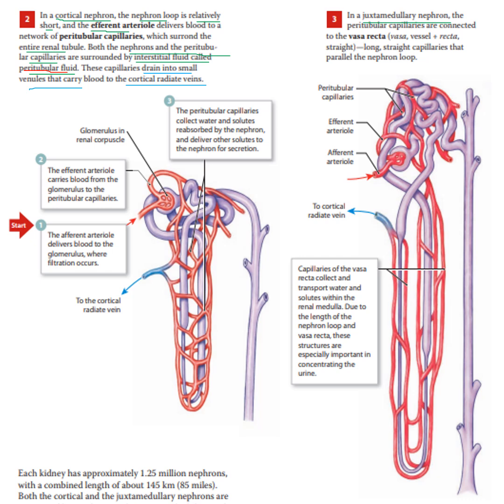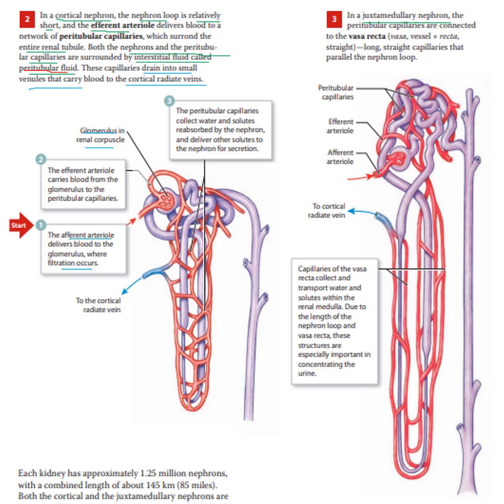First, blood moves into the glomerulus through the afferent arteriole, which delivers blood to the glomerulus where filtration occurs. Then the arterioles divide into many capillaries to form the glomerulus in the renal corpuscle.